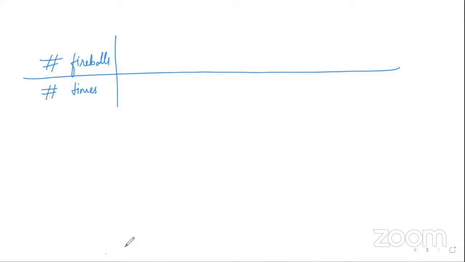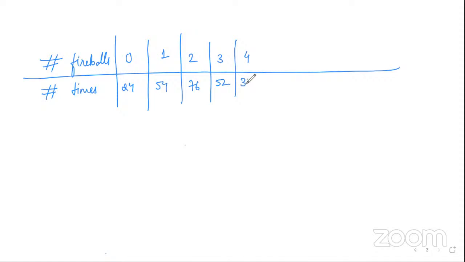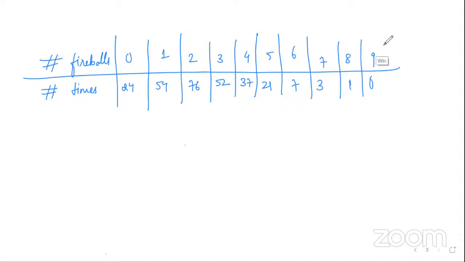So there you had 0 fireballs, 1, 2, 3, 4, 5, 6, 7, 8, 9, and 10 fireballs, with their counts of months.